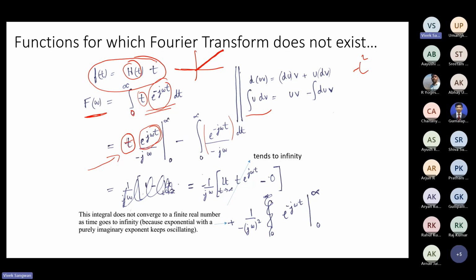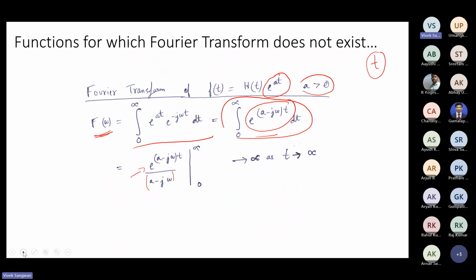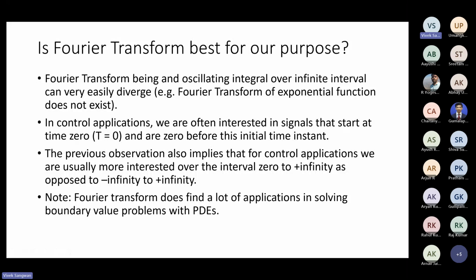Now that I have set the base for you, let's quickly summarize the key shortcomings of the Fourier transform. The Fourier transform is essentially an integral of an oscillating function over an infinite time interval, so it can diverge very easily. We saw two examples, the exponential function and t. Also, the Fourier transform is designed for the interval minus infinity to plus infinity, but the interval we are interested in for control applications is t equal to 0 to infinity.